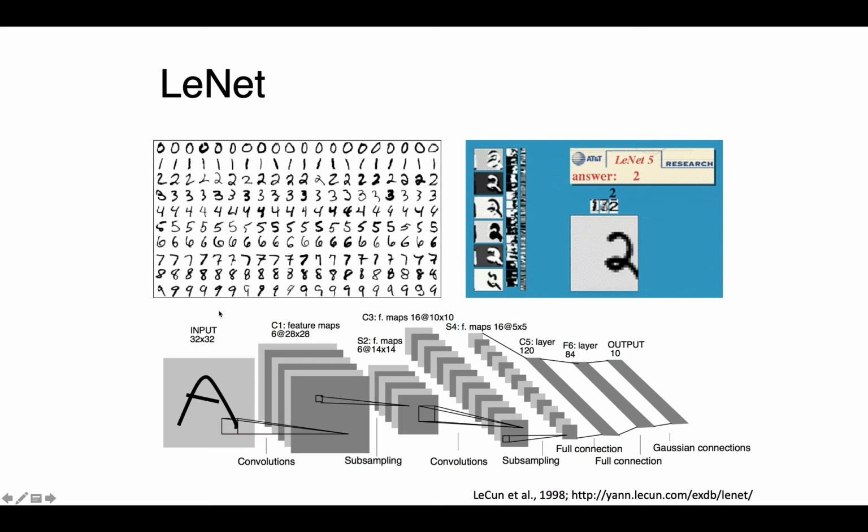You have the input picture like this. It's 32 by 32 pixels, and uses convolutions within each layer. Unlike the MLP network that has perceptron nodes for each layer, here you have convolutional kernels at each layer.